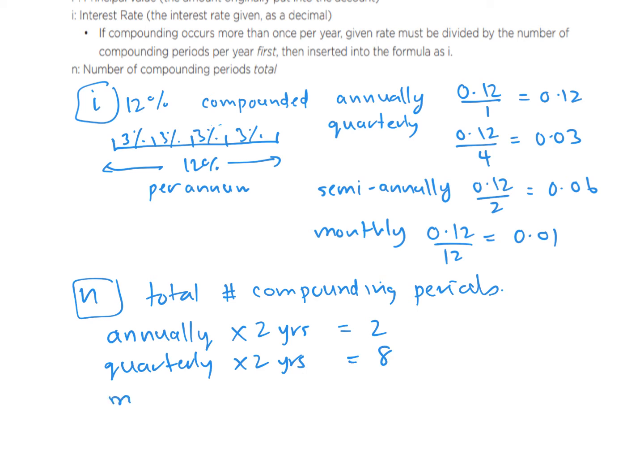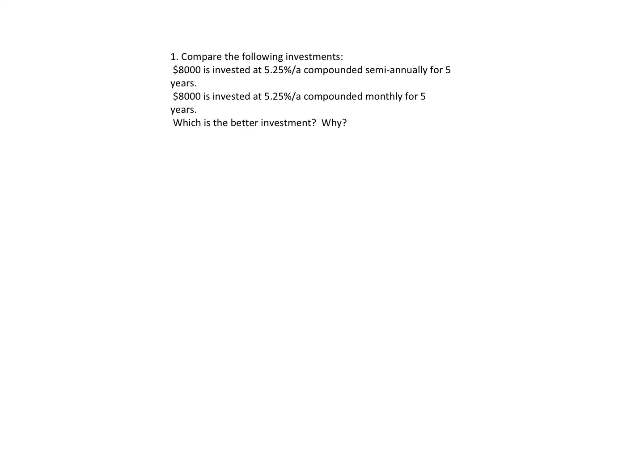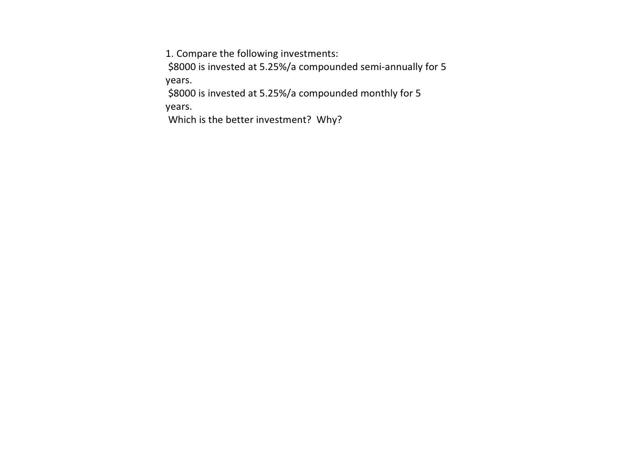If I'm doing monthly for 2 years, then now that's 24 times. Okay, so those are the 2 most important things in compound interest. So here we have an example of an investment. We've got the same $8,000 at the same interest rate for the same number of years, but we're going to compound it differently and see which one we make more money with.